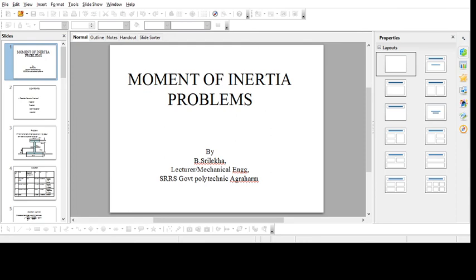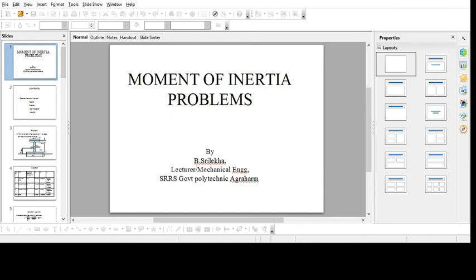Ix1 equal to b1 d1 cube by 12, Ix2 equal to b2 d2 cube by 12, Ix3 equal to b3 d3 cube by 12. Similarly, Iy1 equal to d1 b1 cube by 12, Iy2 equal to d2 b2 cube by 12, Iy3 equal to d3 b3 cube by 12.